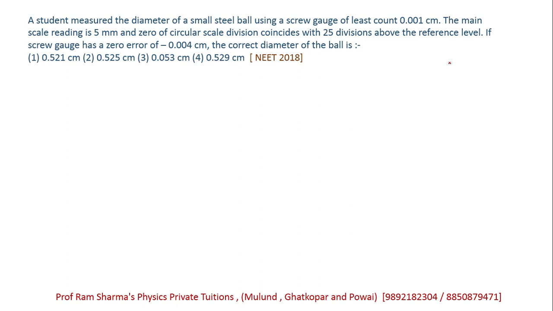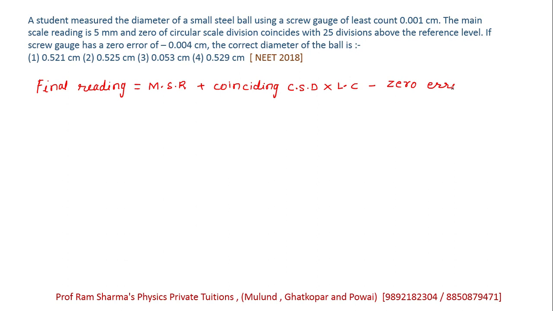The formula is: final reading is equal to main scale reading plus coinciding circular scale division into least count minus zero error. This is a standard formula, right?